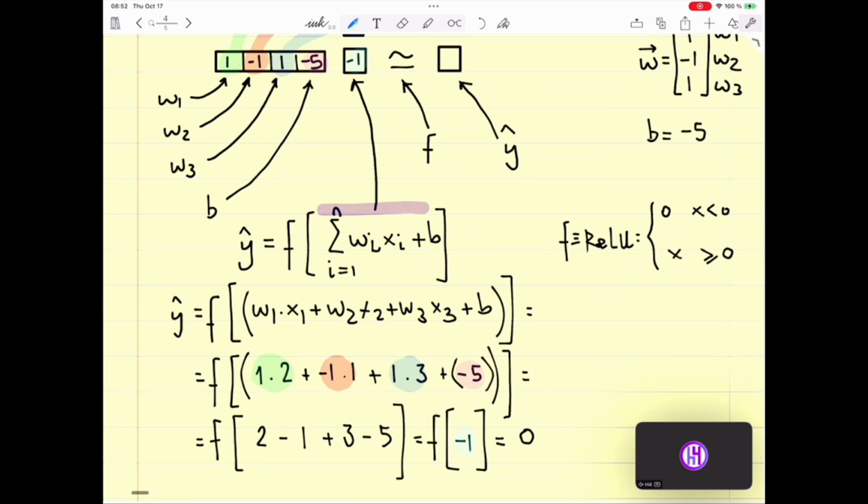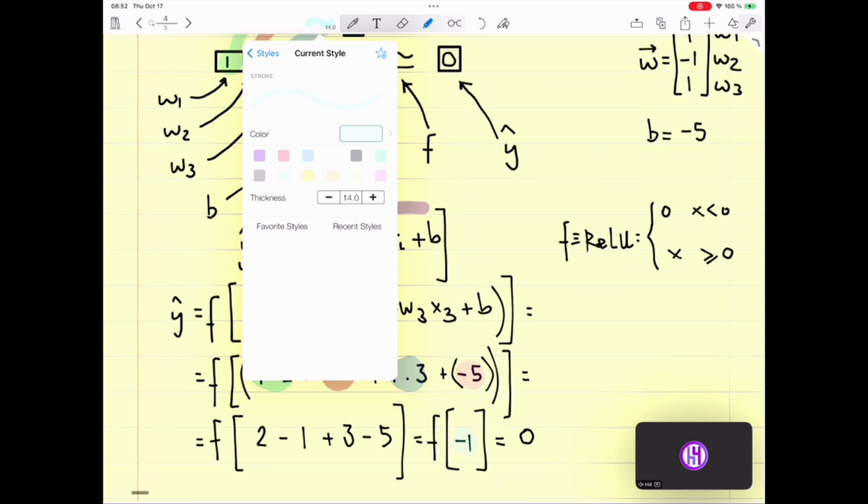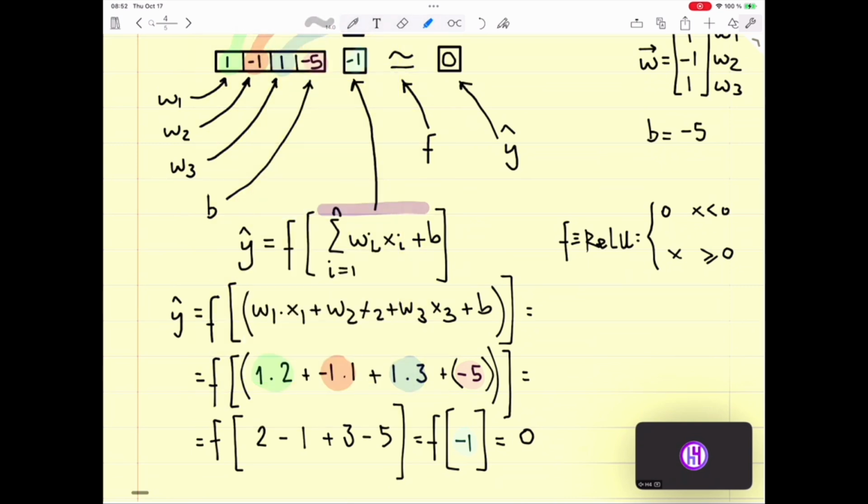And because we apply ReLU, this equals 0. Here, no, here, this equals 0. Okay?